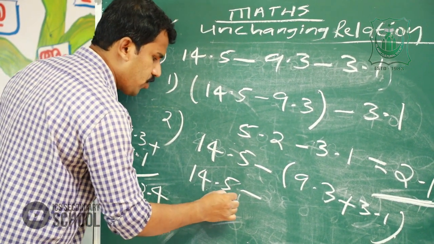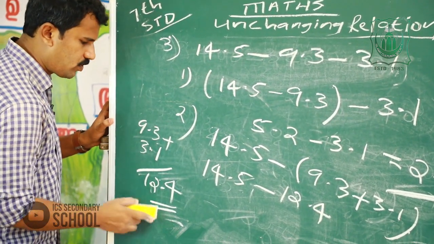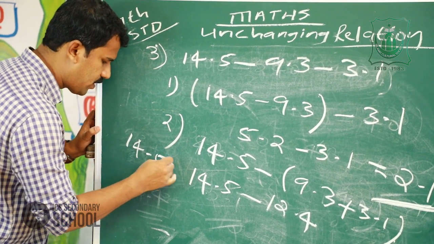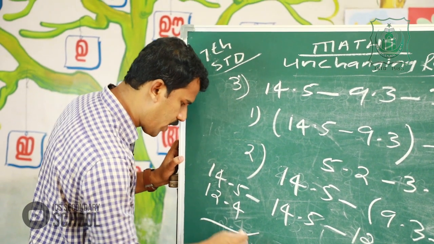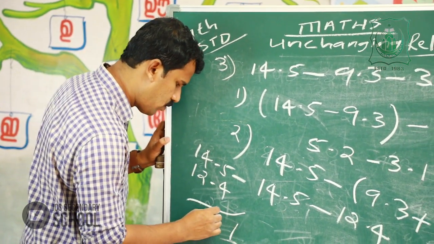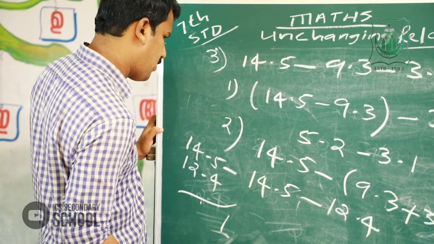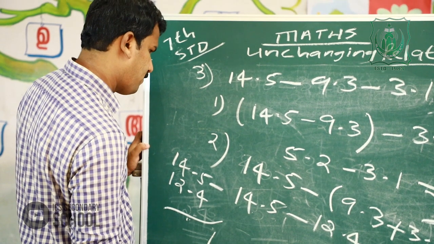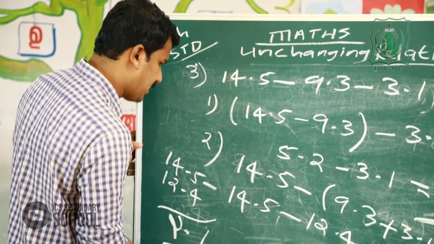So 14.5 minus 12.4. 5 minus 4 is 1, then 4 minus 2 is 2.